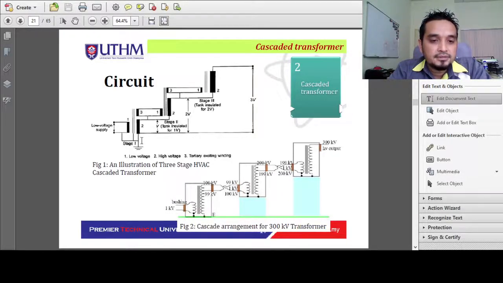The reason is that we want the excitation winding to be 1 volt with respect to the ground.